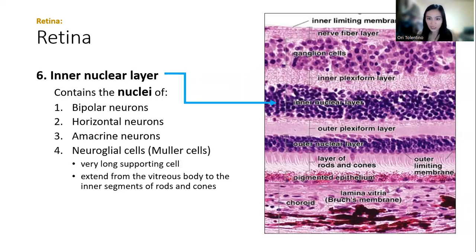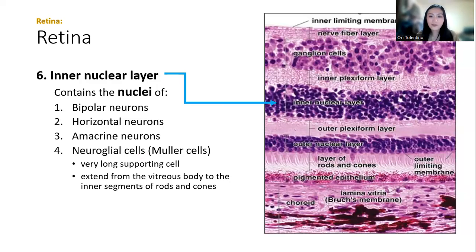Okay, so this Muller cell is very long. It can extend from the vitreous body at the front of the eye all the way to the back of the retina with the rods and the cones. What does it do actually?